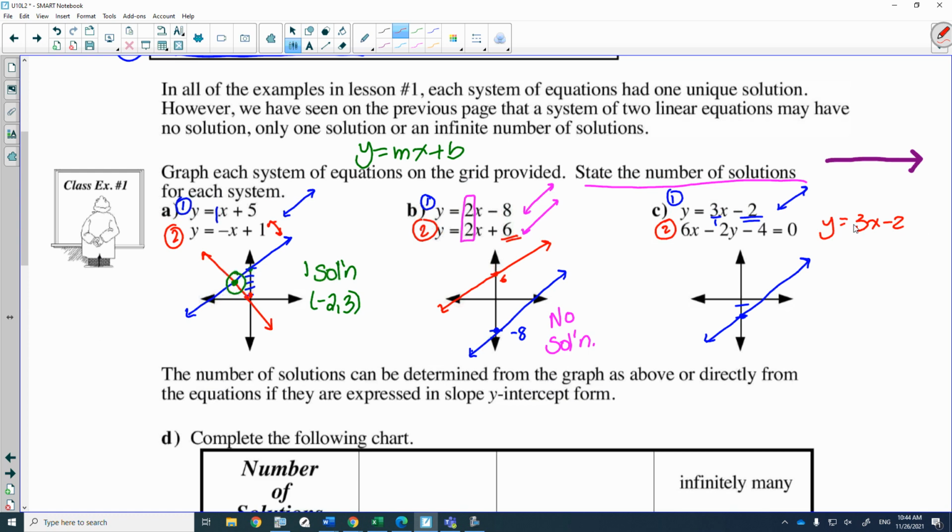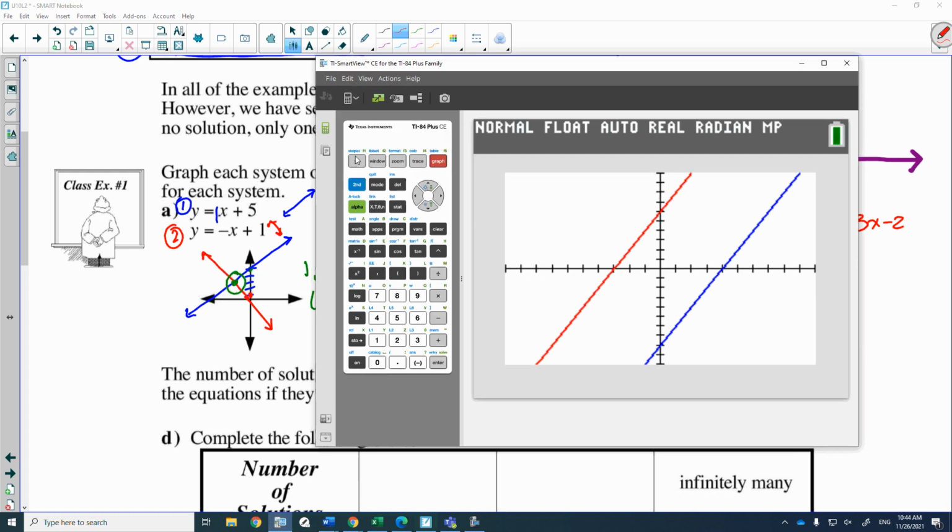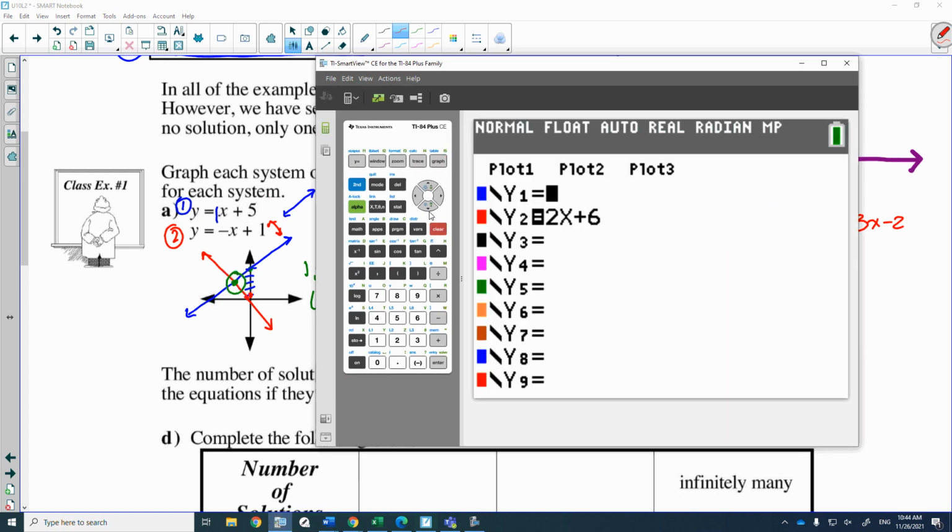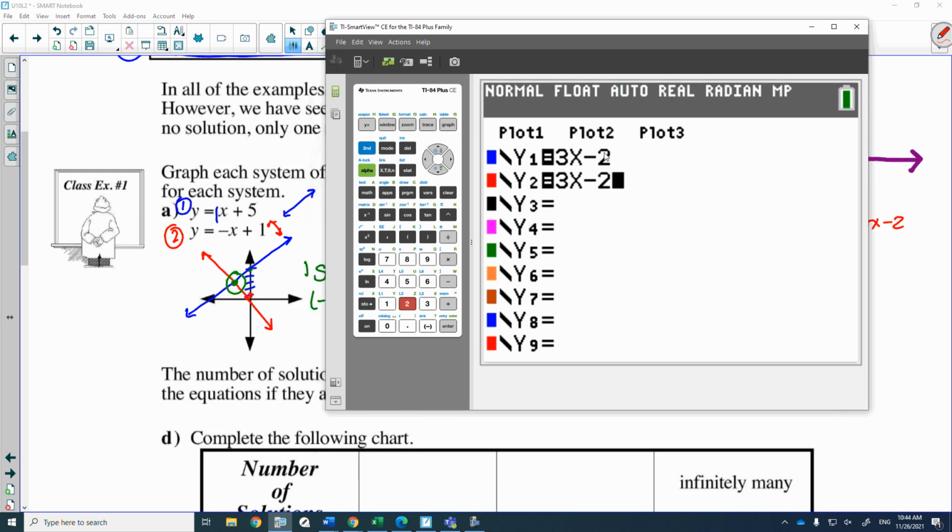Let's graph this. If you have a color calculator, it shows really nicely. If you don't have a color calculator, just watch up here and you'll be able to see it better. So I'm going to put 3x minus 2 in both y1 and y2 because they're identical equations. What your calculator will do is the following. It always graphs y1 first, and it's going to graph it with a blue line.